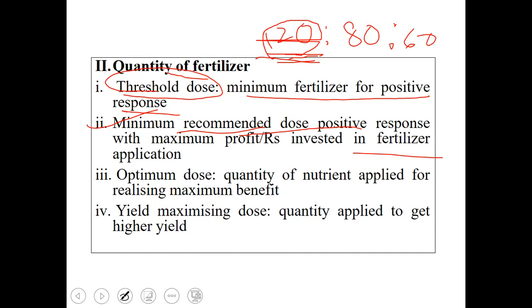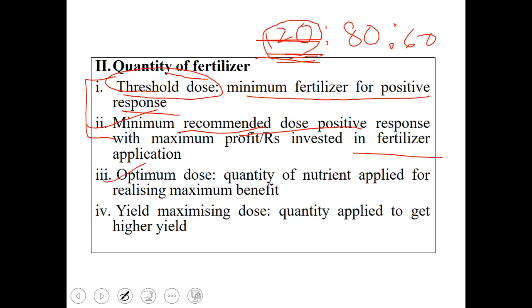So minimum recommended dose, whatever it gives positive response with maximum profit, it should be invested in fertilizer application. These two are the same thing. Okay, do not get confused. This minimum fertilizer dose which is applied for positive response, that is to get maximum profit per rupees, whatever the rupees or money we have invested in fertilizer purchase and all.